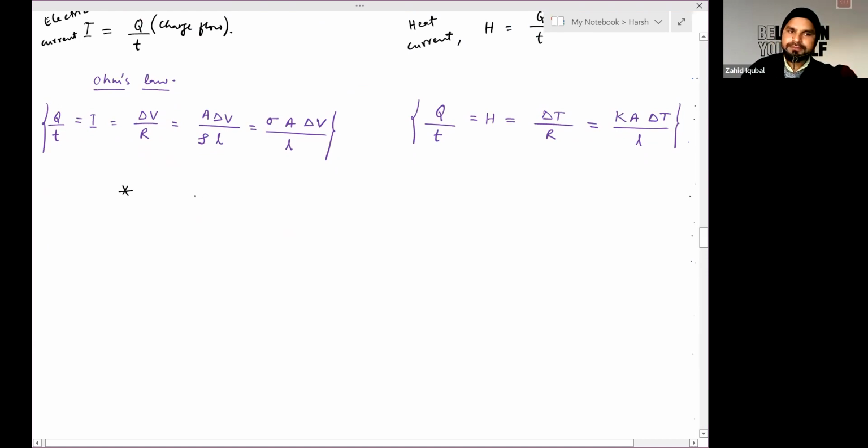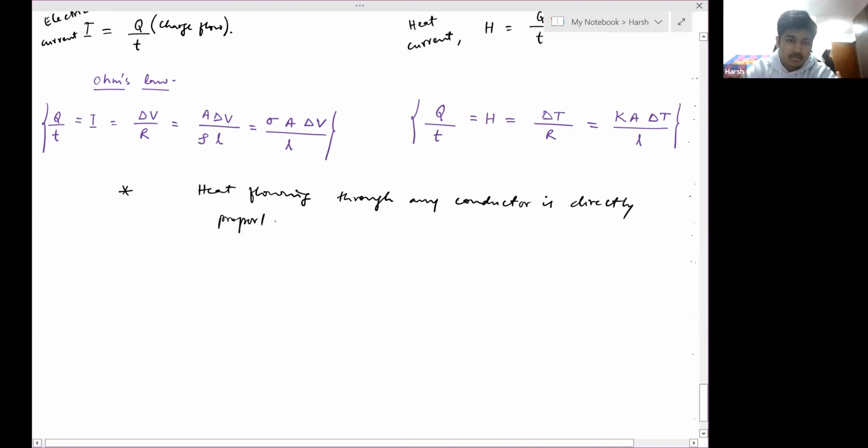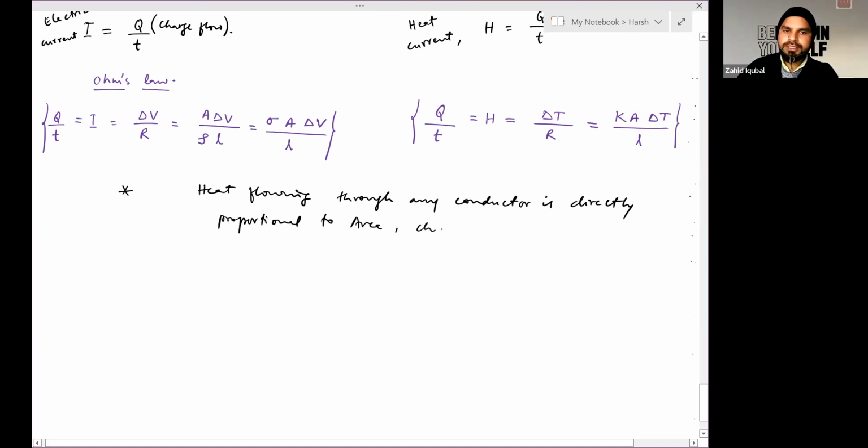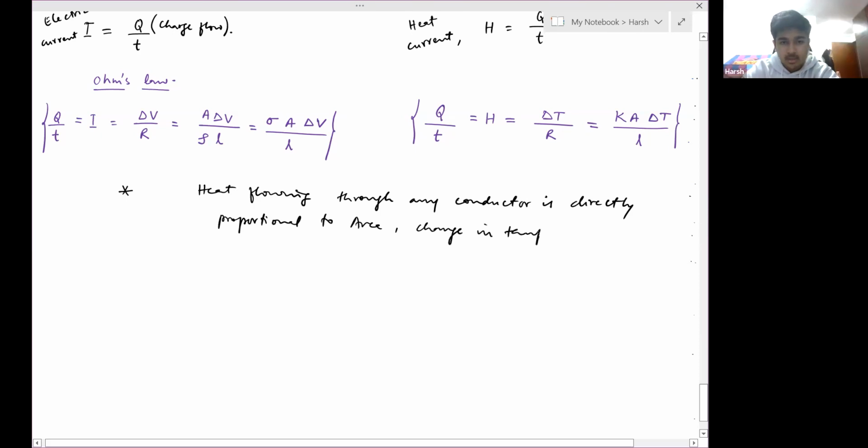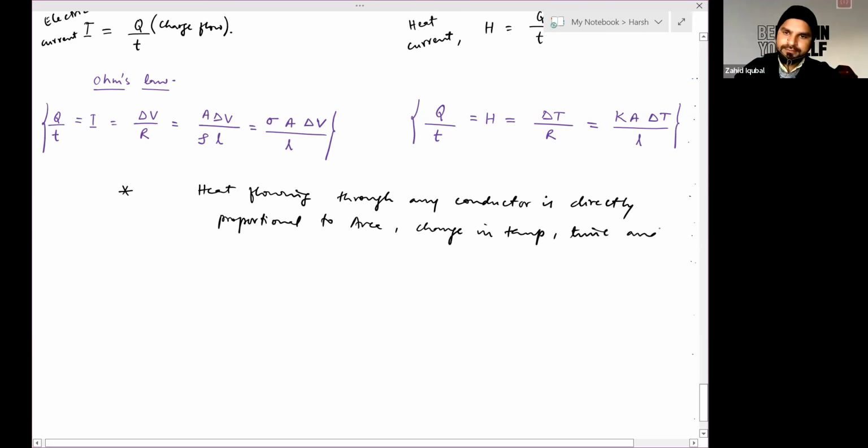You will say the heat flowing through any conductor is directly proportional to area, change in temperature, time, and inversely proportional to the length of the conductor.